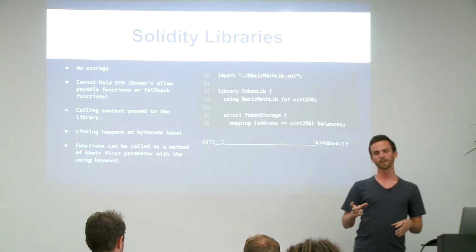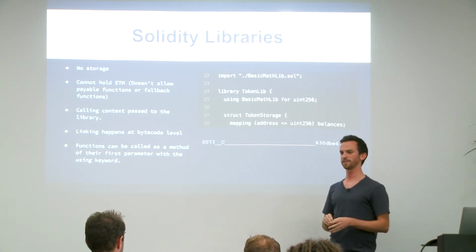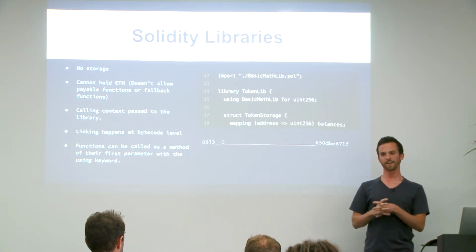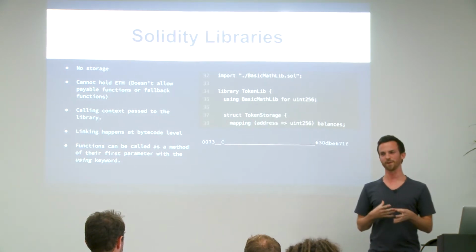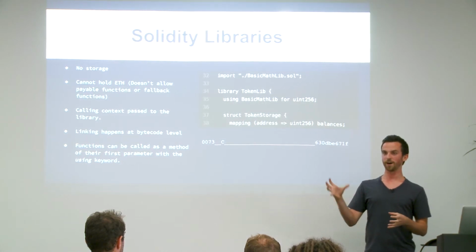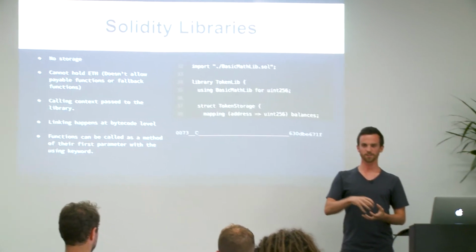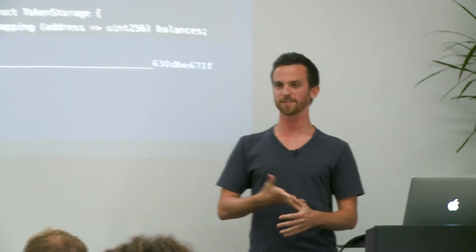So when you include a library in your smart contract and you call it, the context of that contract is passed to the call of the library. So the library acts as like an explicit base contract of your contract. So it can modify the storage of your contract, and any events that it emits are stored in the calling contract's event log.